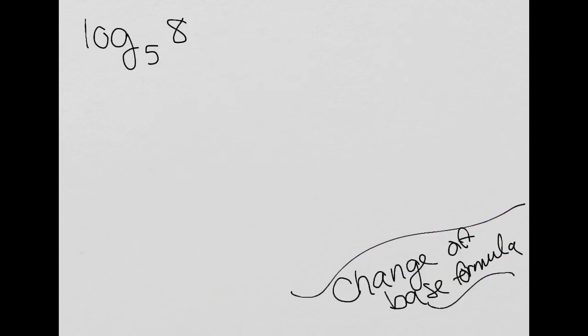Let's try this one. I don't like base 5. I want to be able to use my calculator on my phone. So to get rid of it, I'm going to multiply by log 5 over log 5. It's kind of like multiplying by 1, it just looks scarier. Well, remember, if you have this out front, it can become the power.